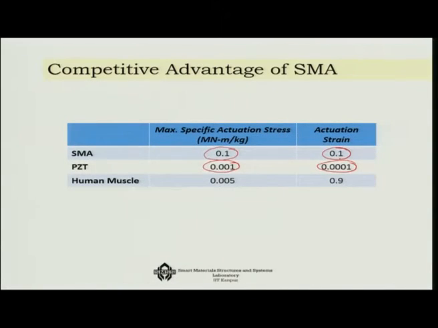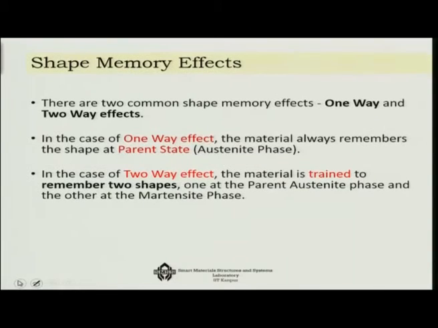If you compare it with human muscle, even then the SMA is quite high, because human muscle is 0.005. However, in actuation strain the human muscle is much above the SMA. So from a stress point of view, SMA as an artificial muscle is well above the human muscle, but from a strain point of view it still has to improve a lot. With respect to any other smart materials, it is far ahead.